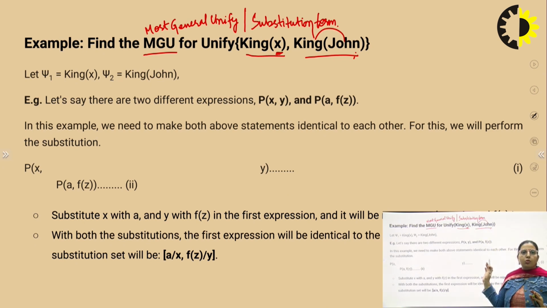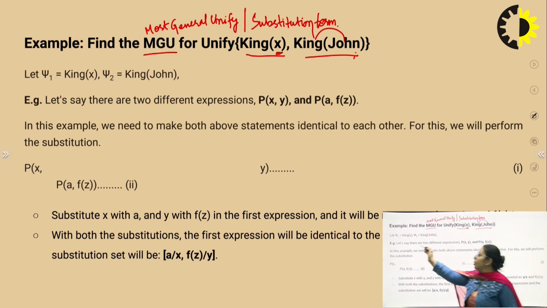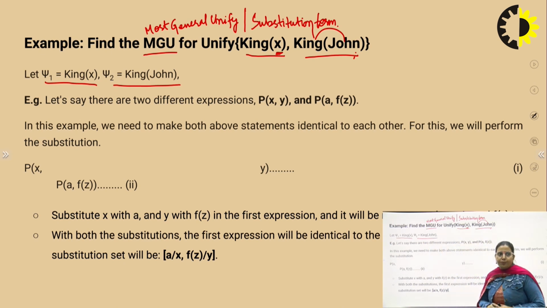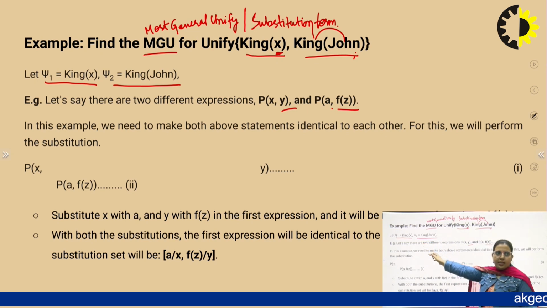So these two sentences are atomically different. How can we make them identical? Let us assume psi1 is king of X and psi2 is king of John. Now let us say there are two different expressions, P of X comma Y and P of A of X, F of Z. This is another example.